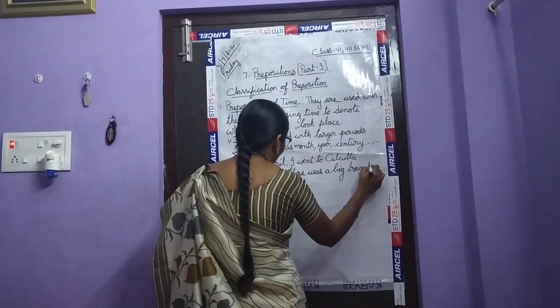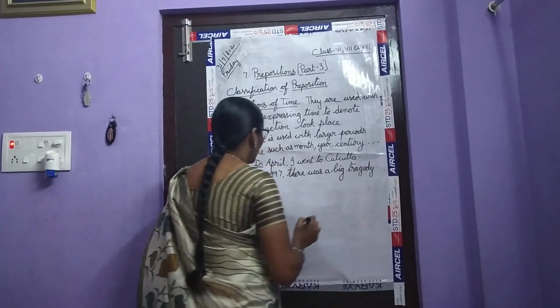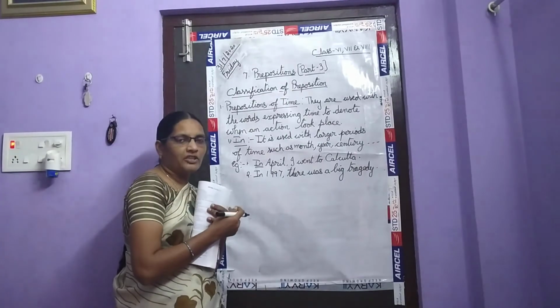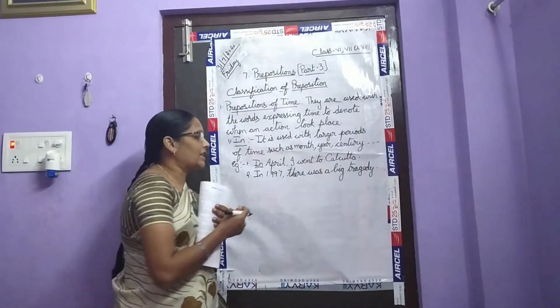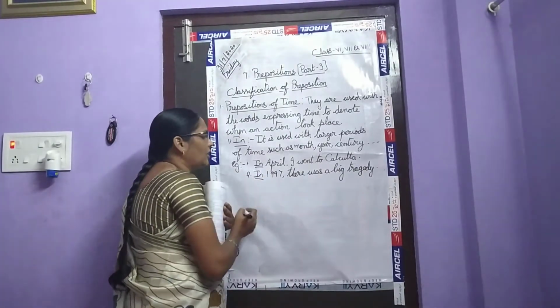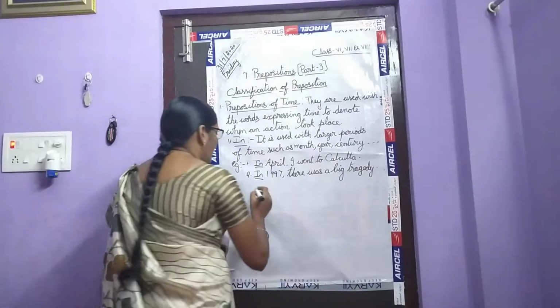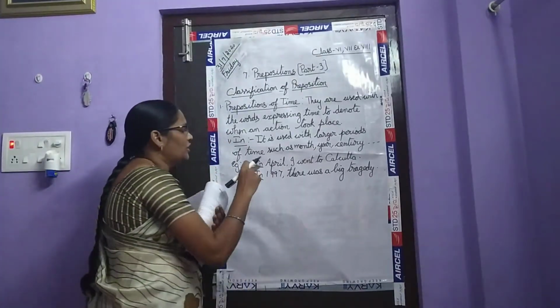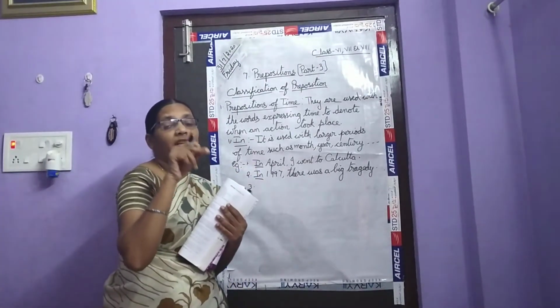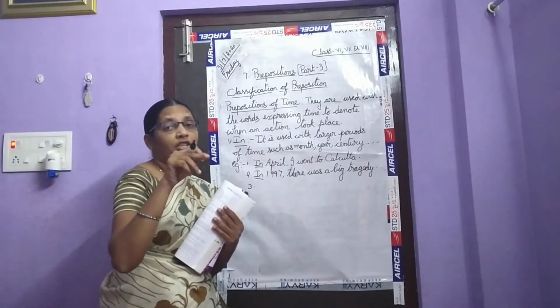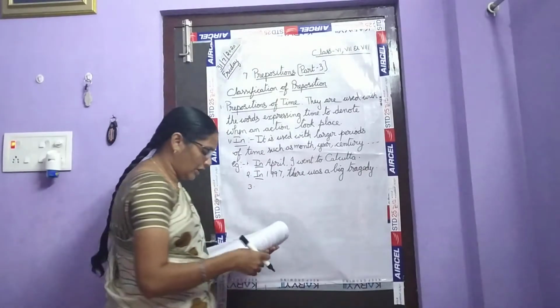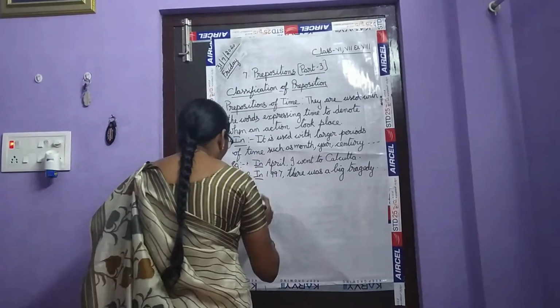When did this tragedy take place, children? It took place in 1997. So, for what purpose is in used? For larger periods of time, for months, centuries and years.